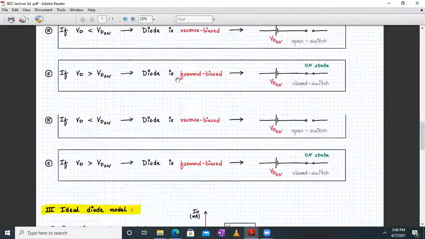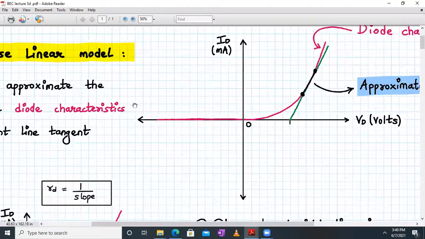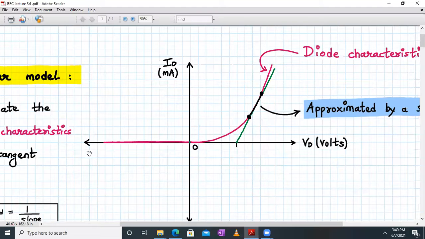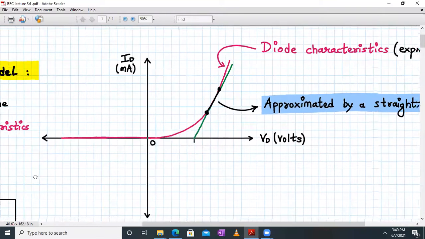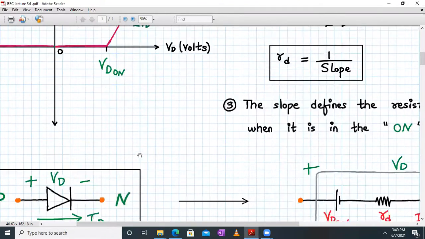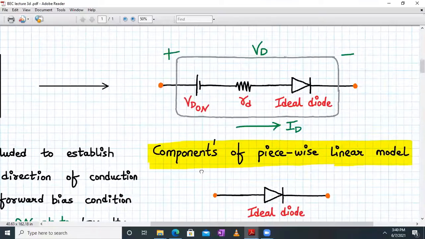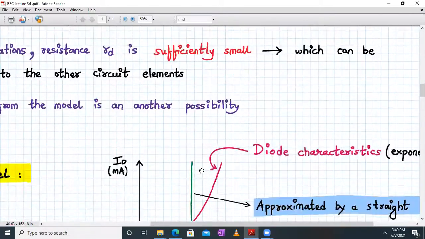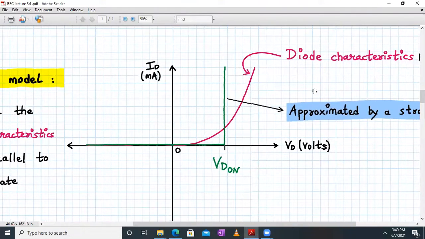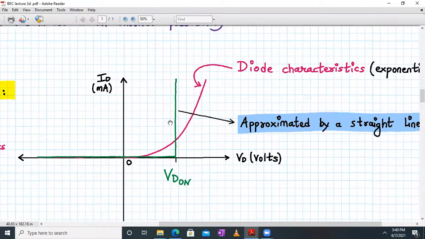Okay, so let us revise. We started with the piecewise linear model, wherein we approximate the exponential graph with a straight line like this with a slope. So this is the piecewise linear model and its components. Next, we studied the constant voltage model, where we approximate the diode characteristic exponential curve by a straight line with a slope of zero.